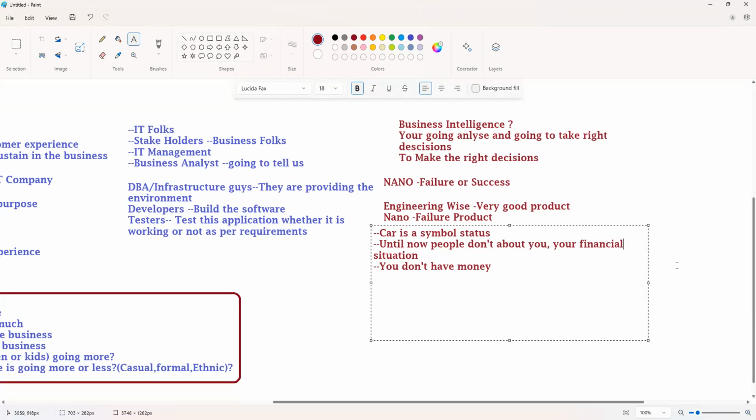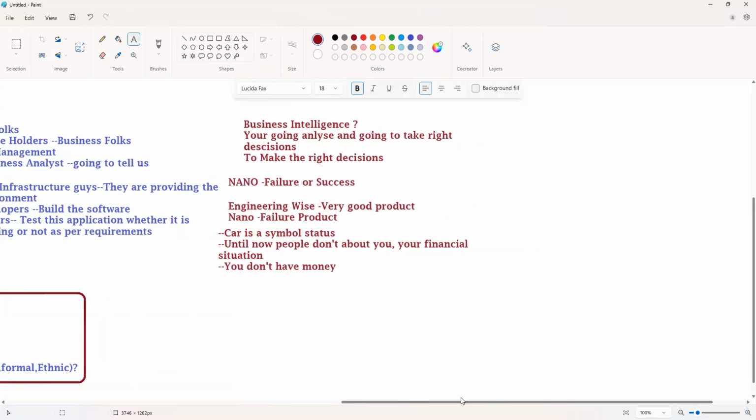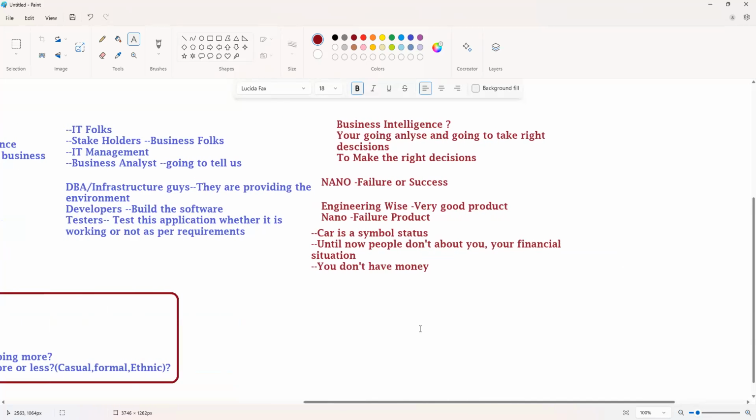That is the reason people are not buying much. But the intention of the Nano car is very, very good: everybody should have one car. That is the intention Tata had.